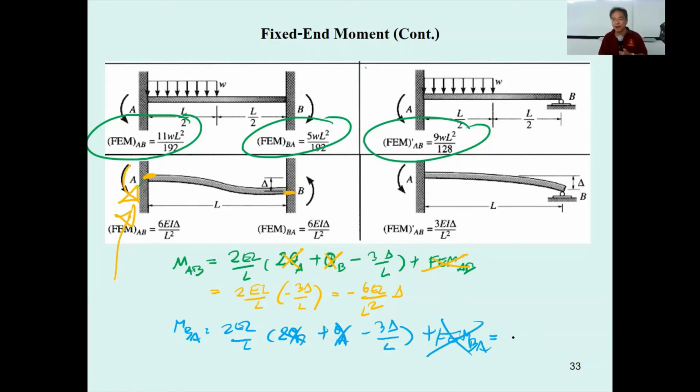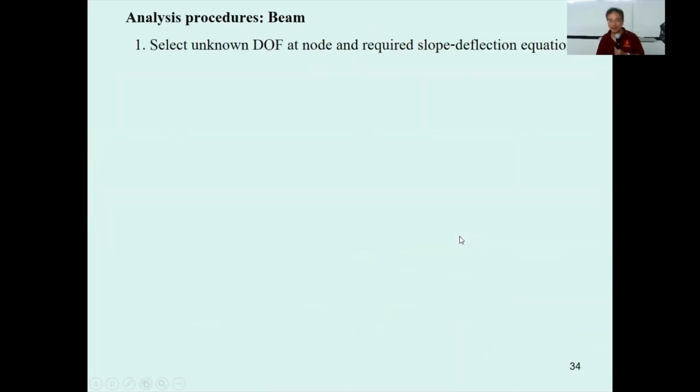For this one, minus 6EI delta divided by L squared over here, because this one is also a counterclockwise movement. You can use the special case of the equation and prove this one also. So please, you're supposed to remember this fixed end equation.